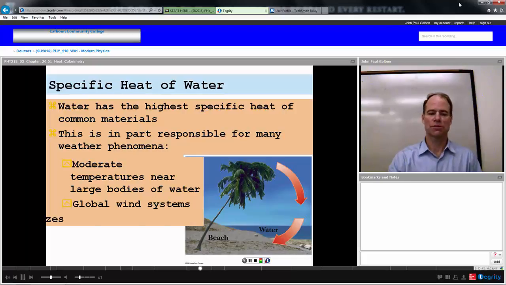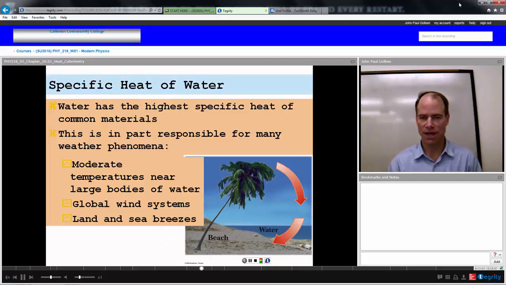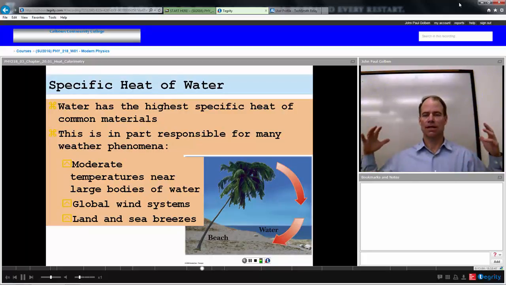It's also responsible for global wind systems and land and sea breezes. Say it were summertime and the ground were heated up faster than the water, so you're going to have a difference in temperatures between the land and the water.